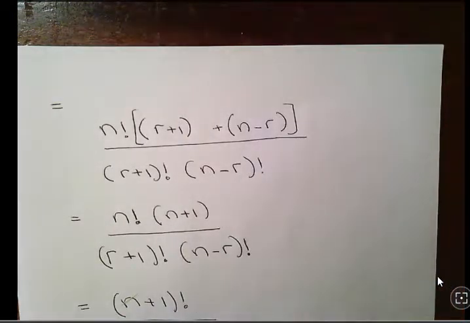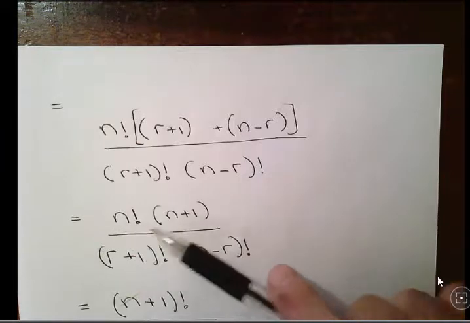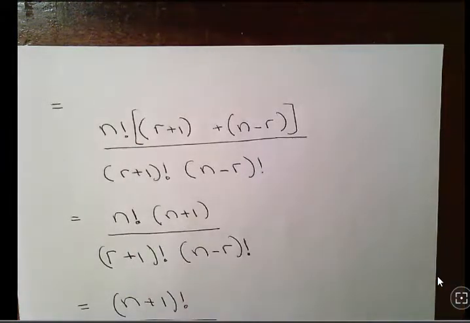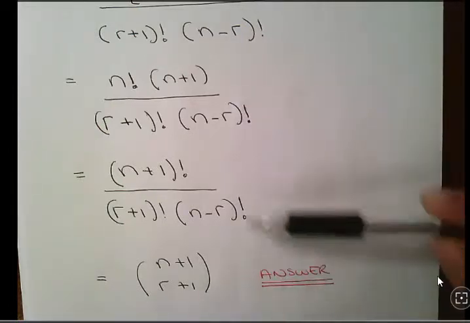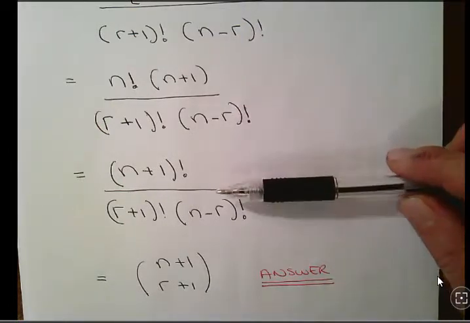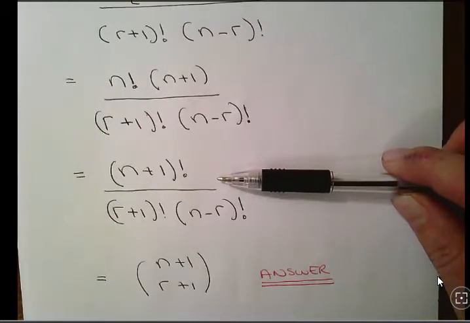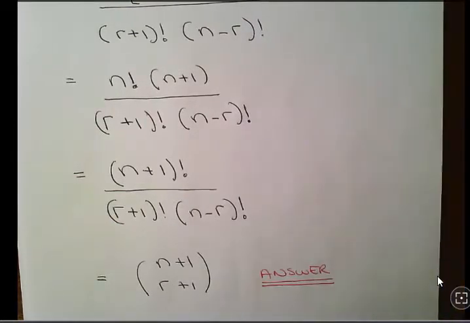That's n factorial times n plus 1, which is n plus 1 factorial, and that brings us back to where we need to be. That is n plus 1 choose r plus 1, that is the answer. We had a sneak peek at this earlier, to say this is what we needed to get to. So that's that one done.